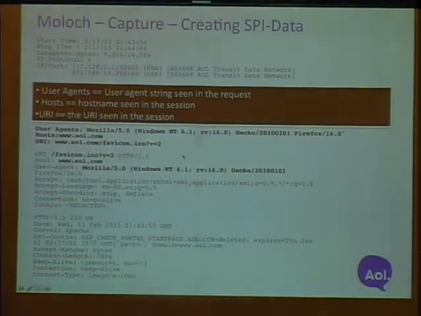And then finally, the user agent string that's seen, we also grab that, and the host name and the URI. All of those bits of data are created as SPI data and then stored in the database for indexing and searching. And you still have the rest of the entire session on disk that you can retrieve, and you can find it based upon any one of those things that we've just listed.